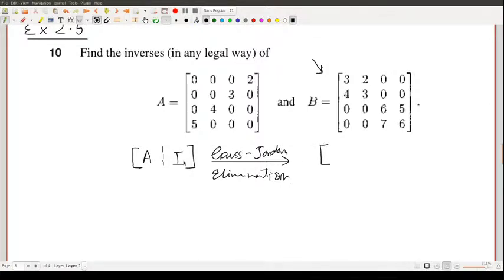You reduce A to the identity matrix with some row operations so that A becomes the identity matrix, and then the identity matrix will become A inverse, right? And that's easy to do for the first one because in each row it just has one entry, so just do a couple of row exchanges and divide by some numbers and it's done. That's all you need to do.